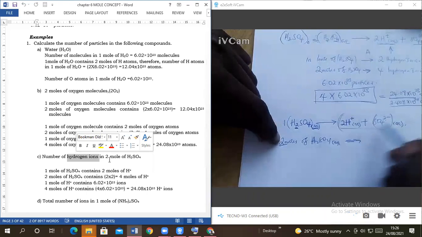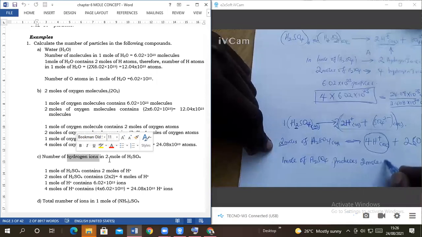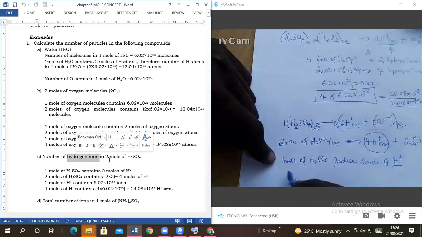So we say 1 mole of sulfuric acid produces 2 moles of hydrogen ions, isn't it? Now, what about 2 moles of sulfuric acid?